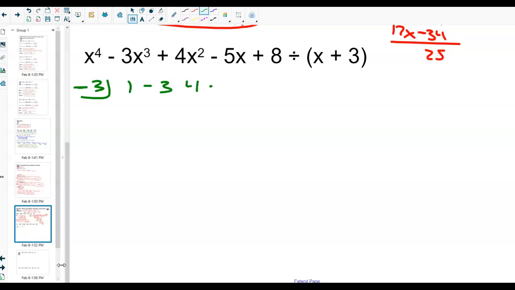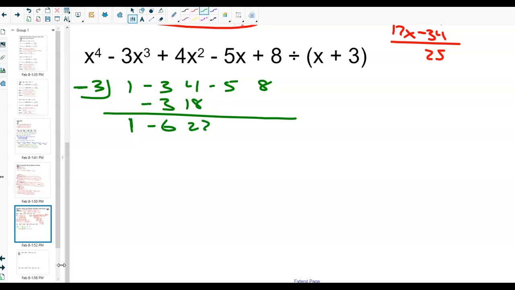1, -3, 4, -5, 8. Drop the 1. -3, we get -6. 18, we get 22. Negative 66, we get negative 71. I believe that is 213, and we get 221 as my remainder. So can you get numbers that high?